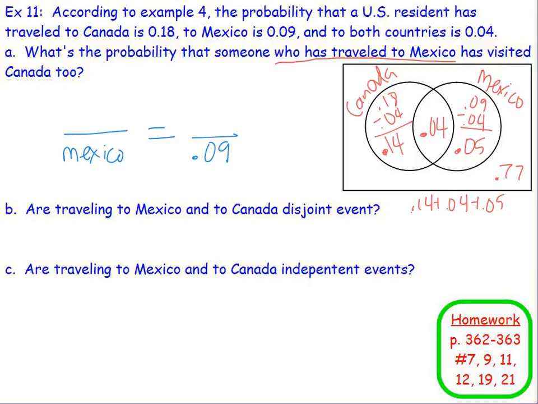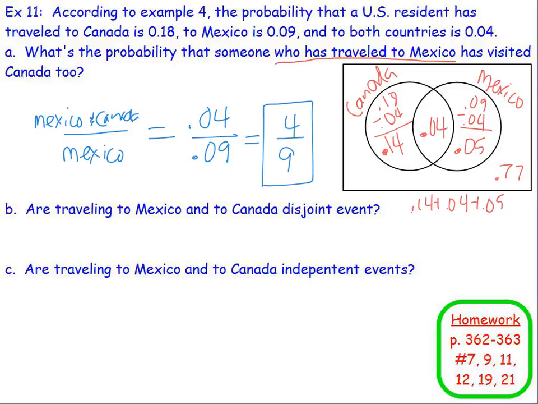Then the numerator is Mexico automatically and Canada. So the both part was 0.04. And if you put that in the calculator to reduce it, 0.04 divided by 0.09, math, enter, you get 4/9. So maybe you got that one right, maybe you didn't because it was a little wordy.